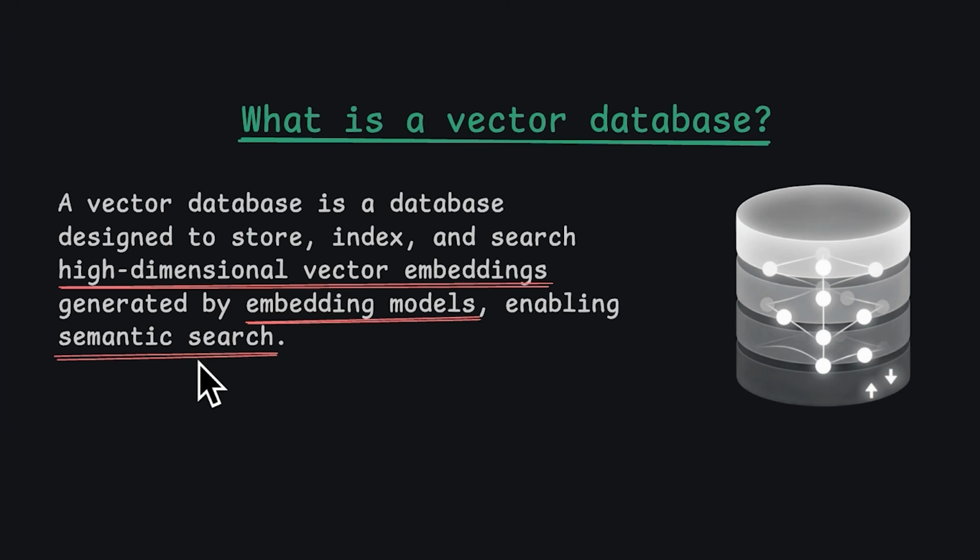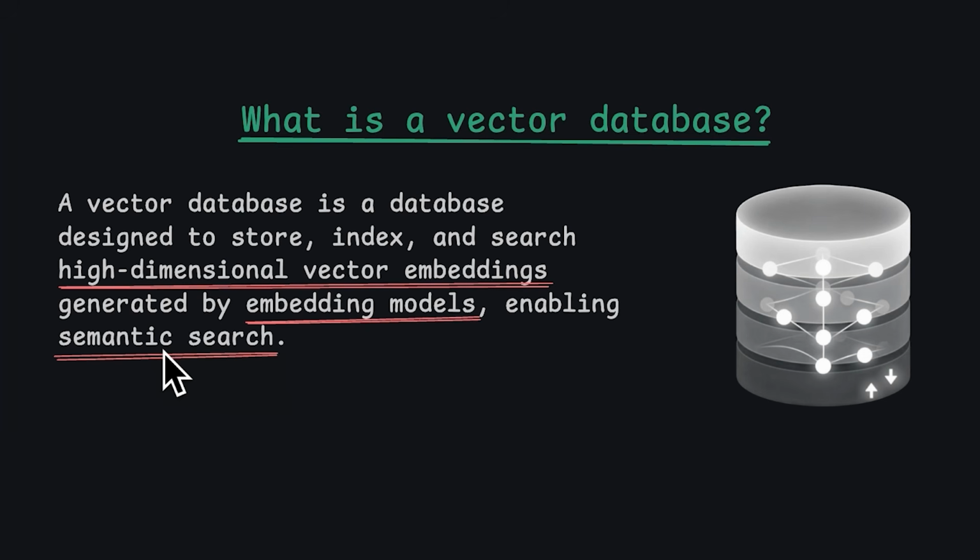And I'm sure your curious mind already has a few questions, like, what are these high-dimensional vector embeddings? And how are these vector embeddings generated by the embedding models? And what do we really mean by semantic search? So these are a few questions that might come up at this stage.